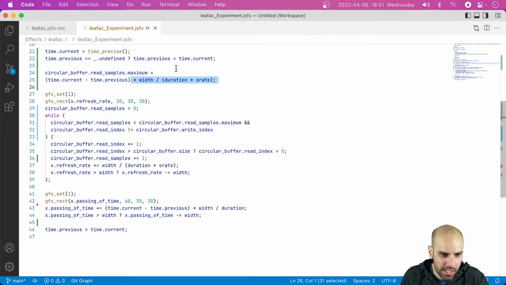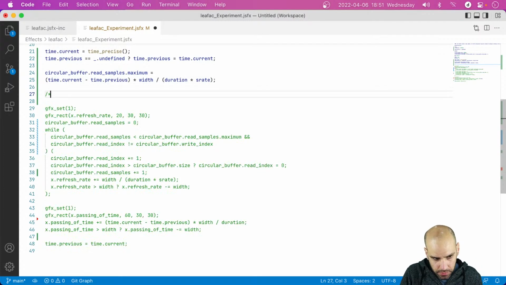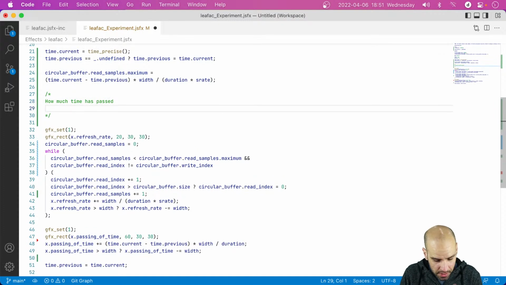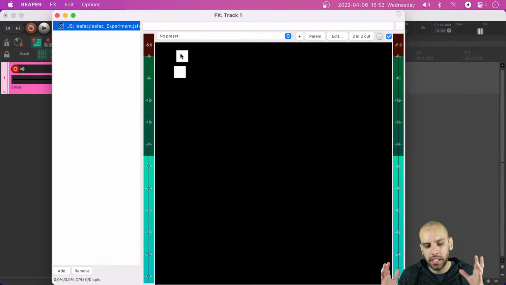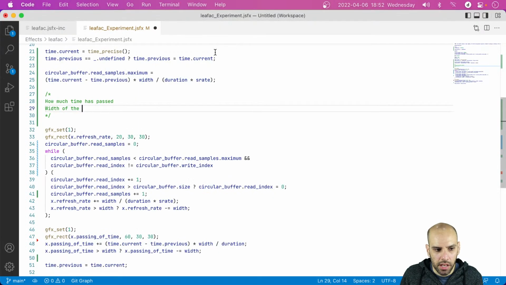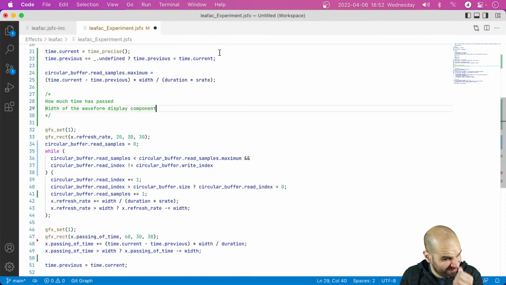Okay, so how much time has passed? And let's enumerate what we have on the table. We have how much time has passed. We have the width of the waveform display component. This is how much this is going to travel from left to right.